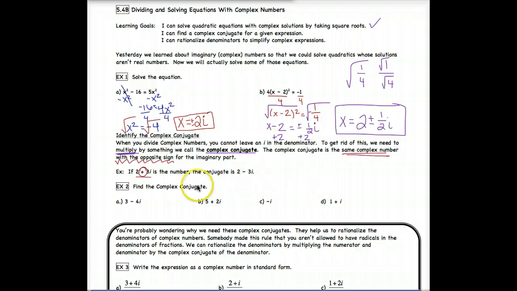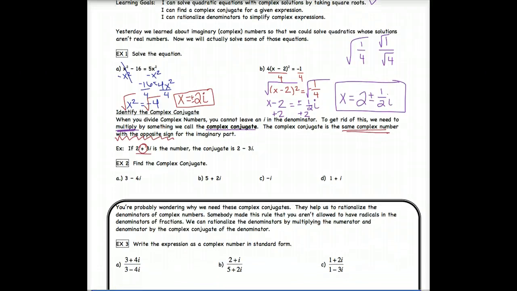So 2 minus 3i would be the complex conjugate of 2 plus 3i. Just real quickly, to identify complex conjugates, for this first one, again, I keep everything the same except that I change the sign. So that would be 3 plus 4i. Quickly, in your head, tell me what you would get for B's complex conjugate.